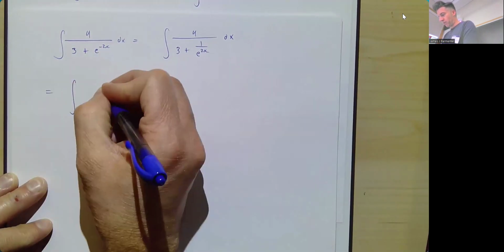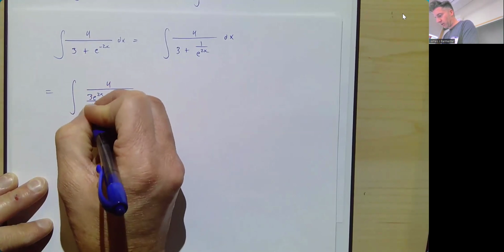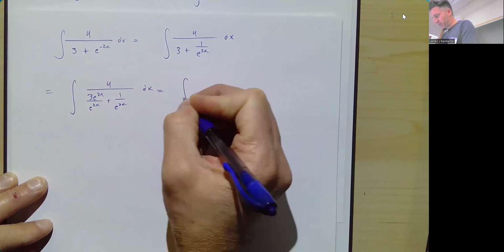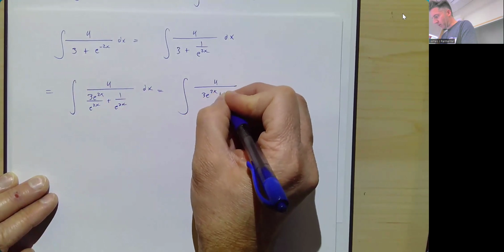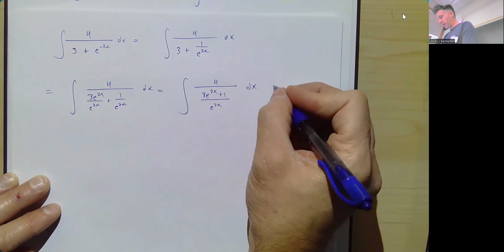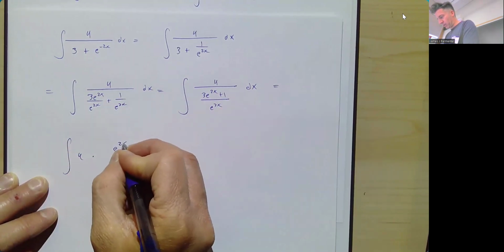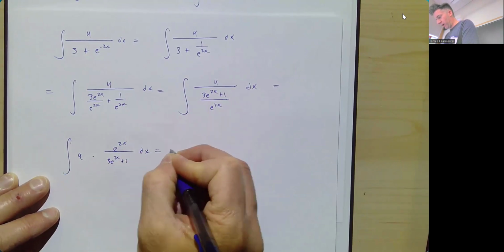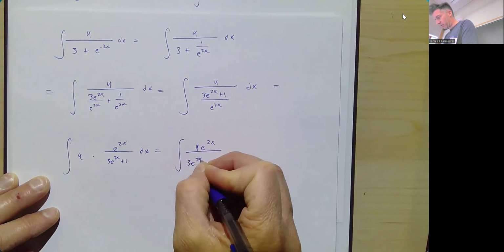So it's going to be the integral of 4 over 3e to the 2x over e to the 2x plus 1 over e to the 2x. But it feels like a lot of writing. Then it's 4 over 3e to the 2x plus 1 over e to the 2x. And then finally, you flip and multiply, and you get the integral of 4 times the reciprocal, e to the 2x over 3e to the 2x plus 1, which then you could write as 4e to the 2x over 3e to the 2x plus 1.